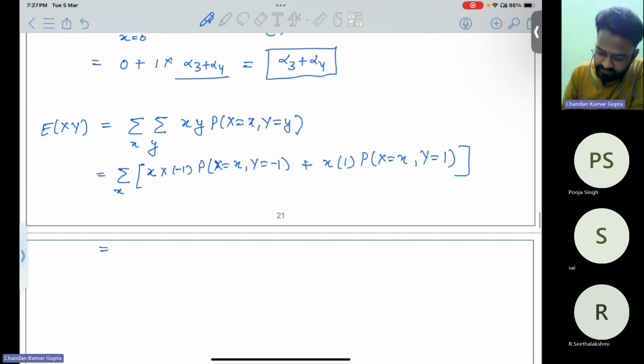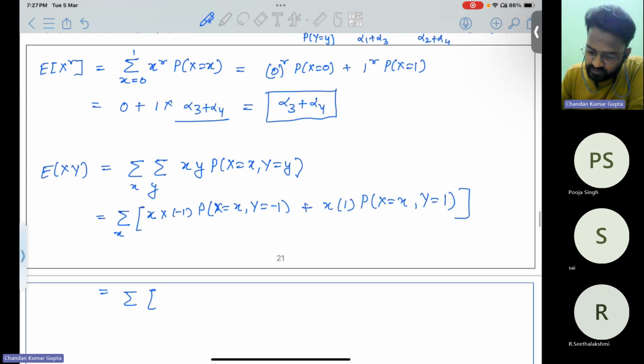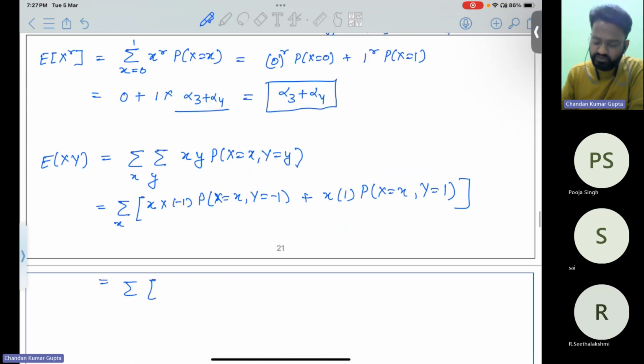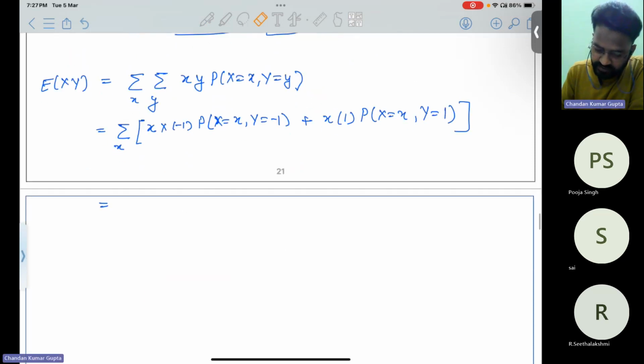We will calculate this first. We also put in the values of x, which are x equal to 0 and x equal to 1.